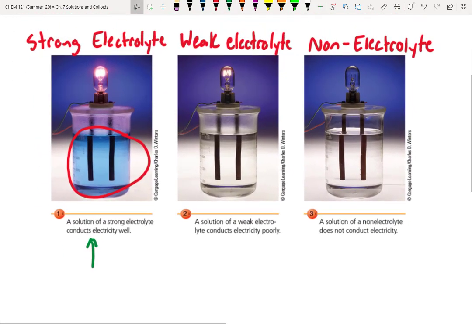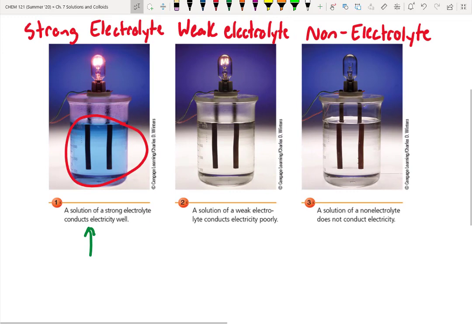Okay, and in this solution, it's kind of interesting. I'm pretty positive that they dissolved copper sulfate, which is CuSO4, into water. So if you dissolve this in water, it's aqueous, right? So we can just say aq.